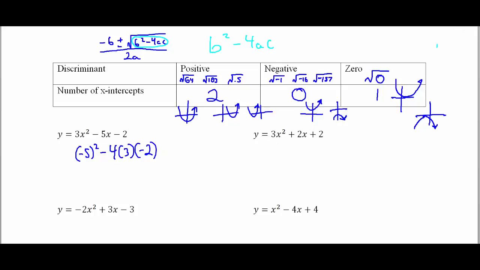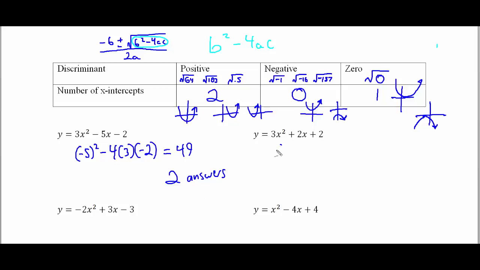By computing this, using parentheses to make sure we get everything right, we get an answer of 49. Since this is a positive number, we would have 2 answers in our quadratic, or 2 x-intercepts. Notice this doesn't tell us where they are, it just tells us how many answers there are.